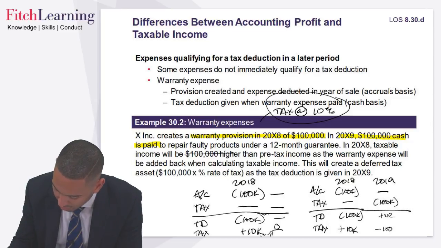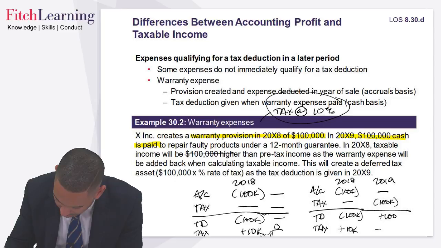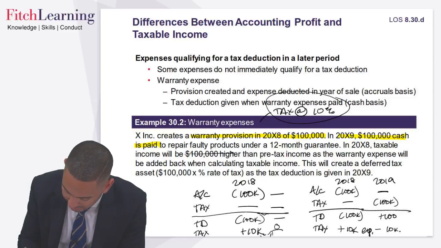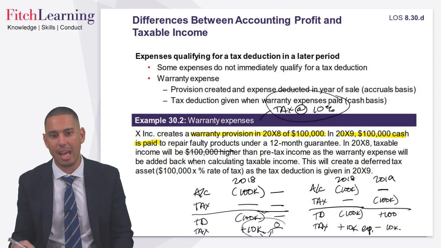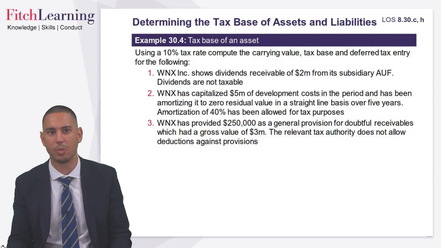So a positive 100k. And I therefore have an additional tax expense of 10k, which is this movement here in my balance sheet. That pro forma always works.